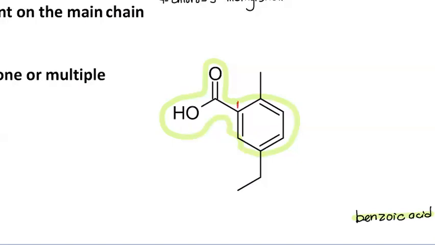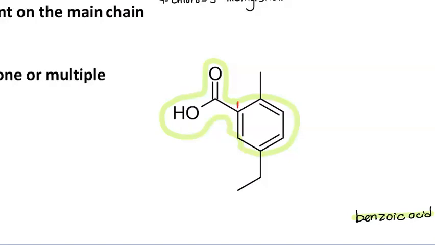Then we need to select, because of the substituents that we have here, if we're going clockwise or counterclockwise to make sure that the rest of the substituents have the lowest number, okay? In this case, if I go counterclockwise, then my ethyl gets a 3 and my methyl gets a 5. So that would be 1, sorry, and my methyl will get a 6.